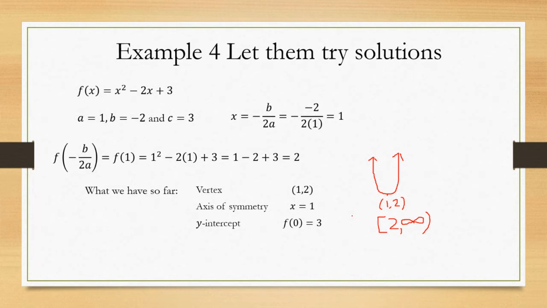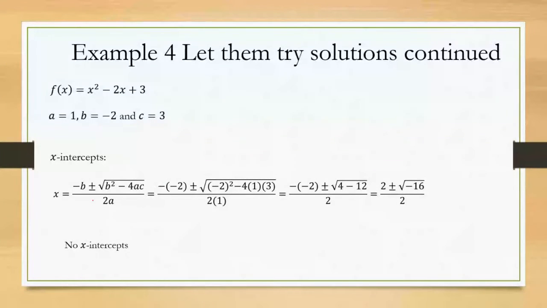And for the x-intercept, same story, right? What we can do is we can use the quadratic formula. And here something really cool happens, as you can see, right? Namely, what we have is this. We have the quadratic formula. Okay?